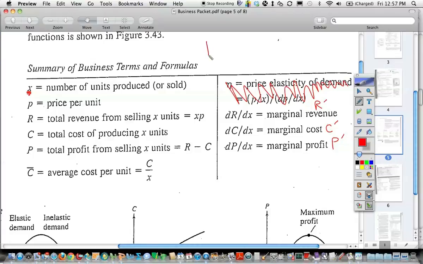If I wrote on a test that I had this scenario, I'm selling calculus textbooks, so X is the number of textbooks sold, and profit is going to be in dollars. If I wrote this sentence right here, what would that be saying in this situation of calculus textbooks sold?